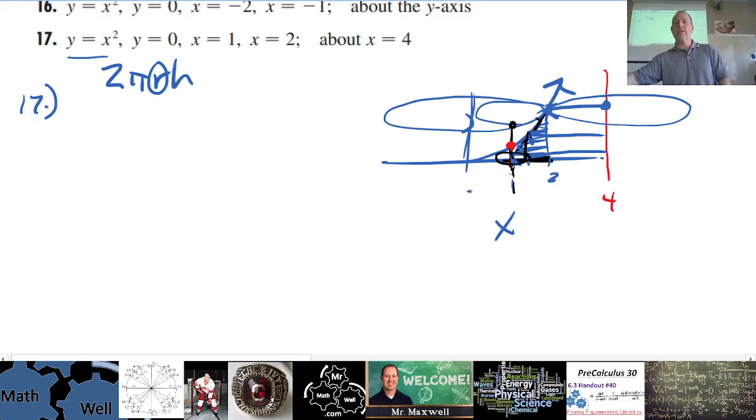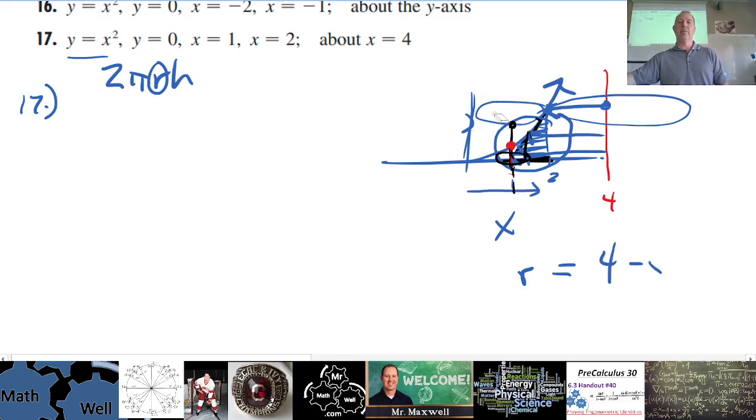So as x grows, it's not a good idea to use x plus 4 or x minus 4. Instead, if the region is furthest to the right, then it's x plus or minus something. If it's the axis of symmetry furthest to the right, you've got to start with the axis of symmetry. And in this case, the radius of these cylindrical shells that I've drawn is going to be 4 minus the x value.